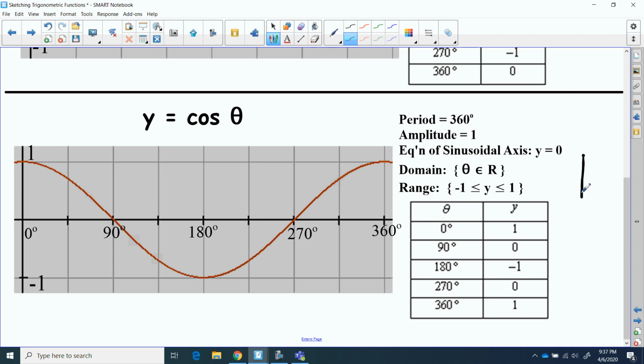If you think about working your way around the unit circle like we did before, this point here is (1, 0), so the x is 1. So at 0, cosine is 1, just to hopefully jar your memory a little bit. As I work my way and plot those 5 key points, 90, 180, 270, and 360, those would be their corresponding cosine values, and you'll get that nice wave pattern.